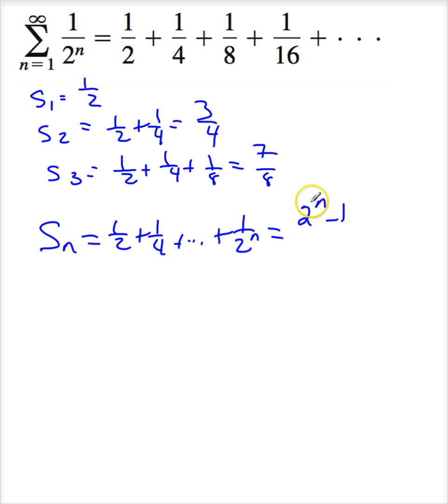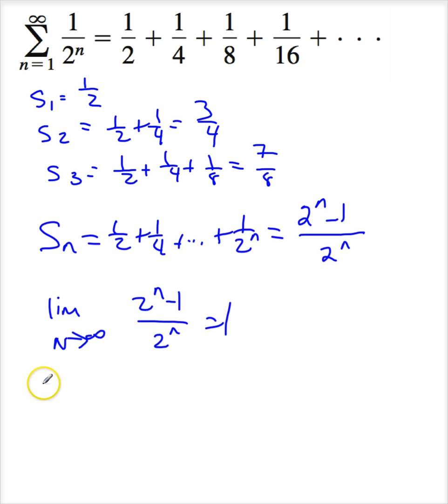All right, and my denominator is 2 to the n. Now let me look at the limit as n approaches infinity of 2 to the n minus 1 divided by 2 to the n, and that's just 1. And lo and behold, it turns out the sum as n equals 1 to infinity of 1 over 2 to the n is indeed 1.